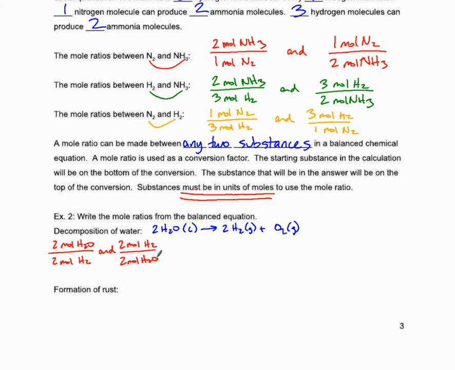You could compare water and oxygen. 2 moles of water for 1 mole of oxygen. Or you could flip it upside down, 1 mole of oxygen per 2 moles of water.